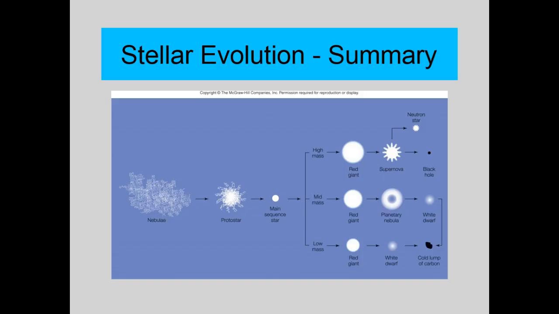I mean, it's not a very stable situation. Okay? But in time, it sets up that dynamic equilibrium so that the gravitational force inward equals the radiated force outward from the nuclear reactions that are going on, and it sets up sort of a stable equilibrium. That's when it becomes a main sequence star.